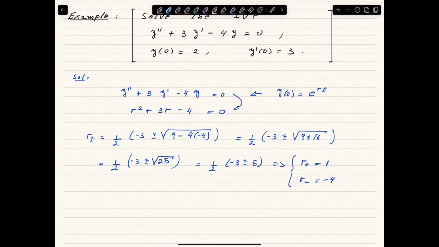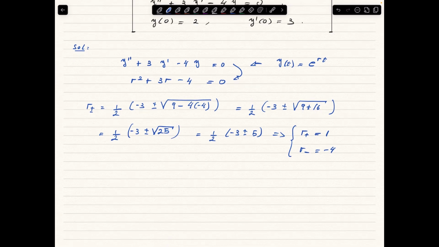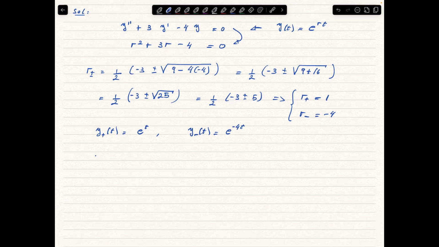So now what this calculation says is that we have fundamental solutions y plus of t equal exponential t, and y minus of t equal exponential negative 4t. And with that, we have the general solution, which is an arbitrary constant, let's say c plus, exponential t, plus c minus, exponential negative 4t.